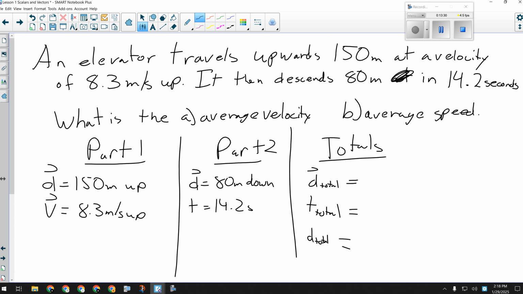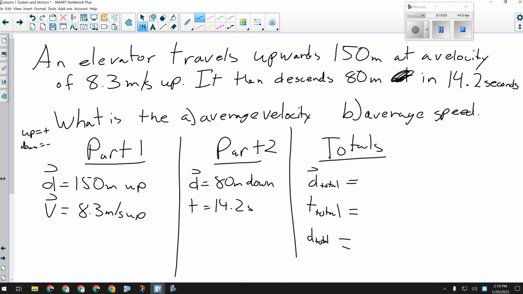So when looking at my givens, I can see that I have a change in direction going on. Up and down are opposites, so I have to apply positive to one of them and negative to the other, so it works out mathematically. So what I often do is I just go up equals positive, down equals negative. And then I keep it straight in my head after that.